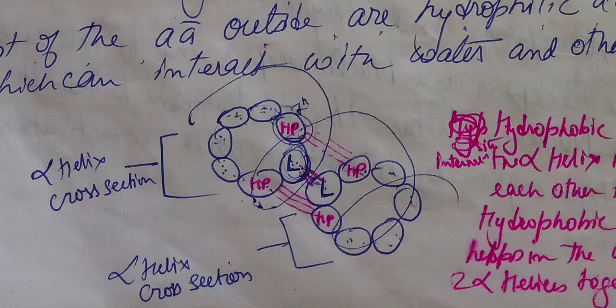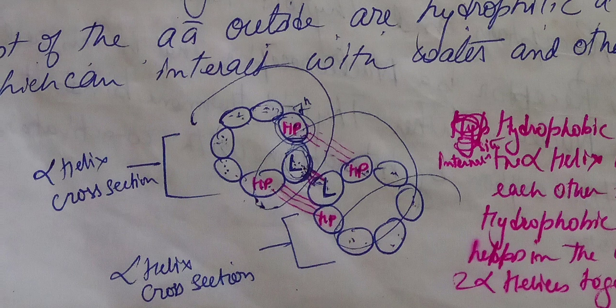So let me know. Two turns of the alpha helix have been shown, and you can see here in these two turns the 7th amino acid is your leucine. Okay, and they are interacting with each other.